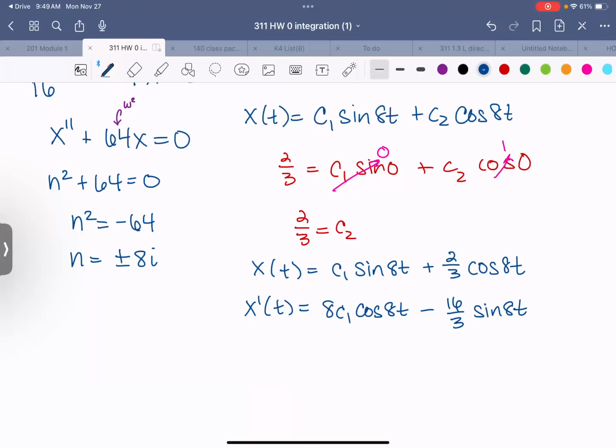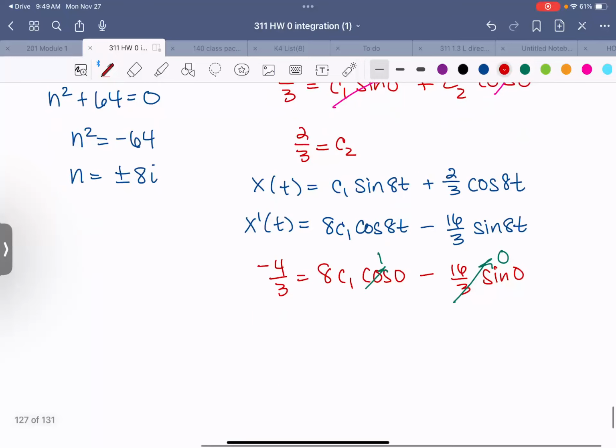Now you're going to plug in that second condition. So our second condition says we get negative 4/3 when we plug in 0. So 8C1 cosine of 0 minus 16/3 sine of 0. And again, your sine of 0 is 0, your cosine of 0 is 1. And so we just have negative 4/3 is equal to 8 times C1.